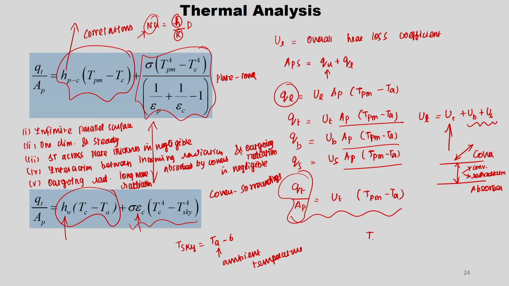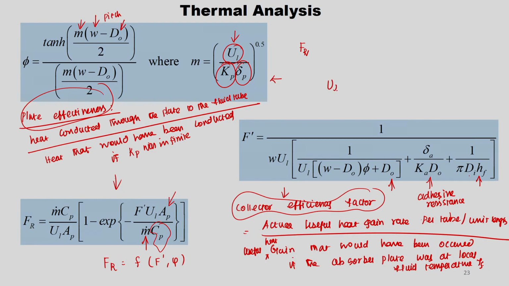If you know this, then you can calculate UT, or you can directly fix UT using correlations. There are correlations which give you directly how to calculate the top loss coefficient. This iteration procedure we will see in detail while doing problems, where you will understand better. How to use these three equations without UL? I do not have UL right now, so there we are going to assume UL and calculate these parameters.